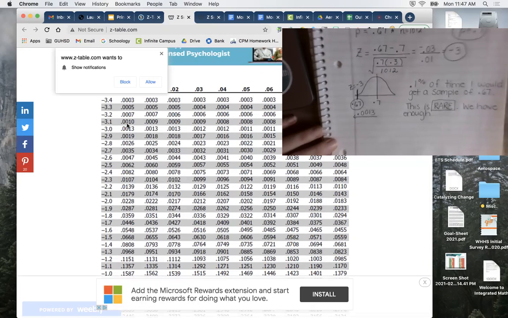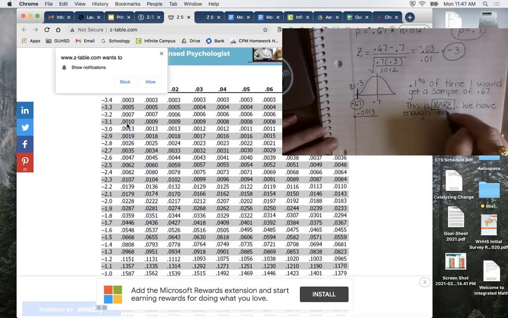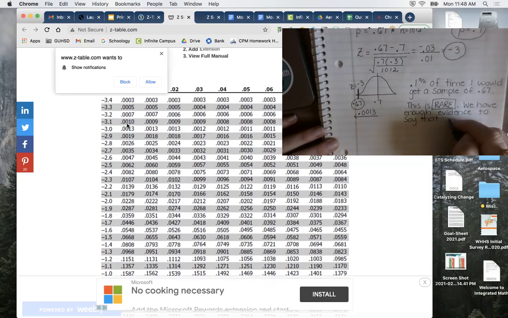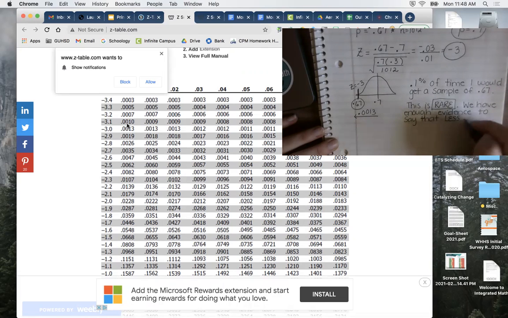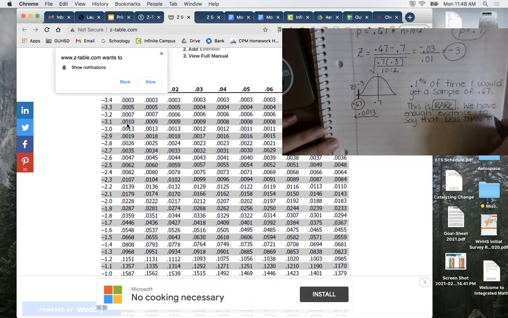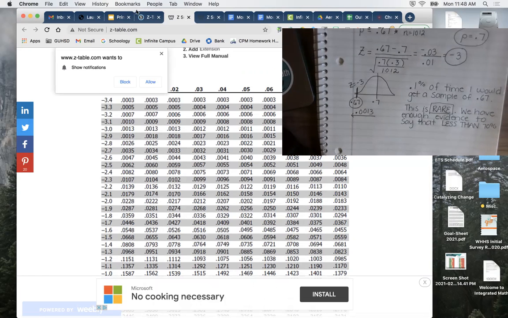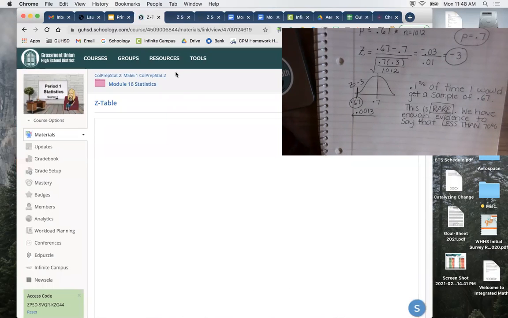We have enough evidence to say that less than 70%, because they claimed 70%. Let me remember the context here for a second.